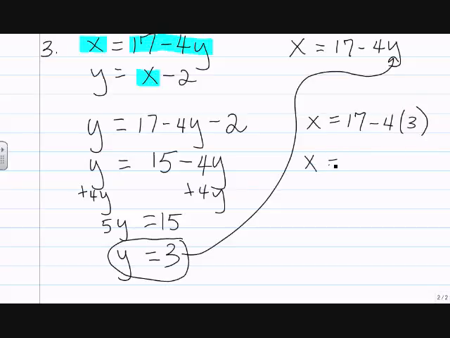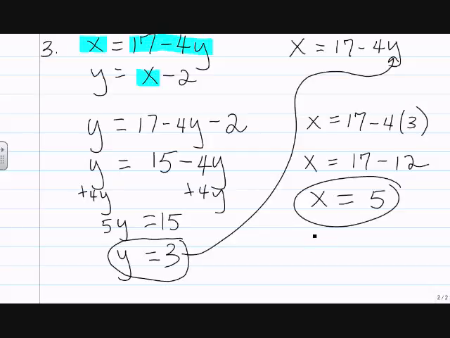So x is 17 minus 12, which means x is 5. So my solution is x is 5, y is 3, and I can write that as 5, 3. Not 3, 5. Write the x first and then the y.